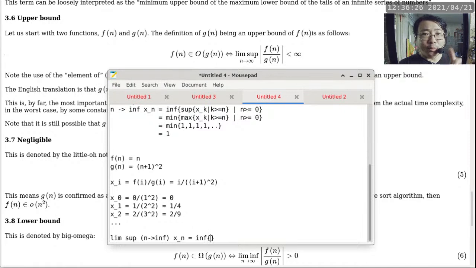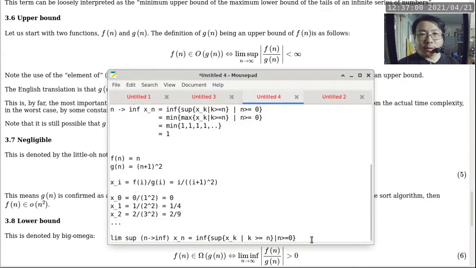We're taking the infimum of a set, and each item in that set is going to be a supremum of something based on n. n is greater than or equal to 0, and over here we have x of k where k is greater than or equal to n.